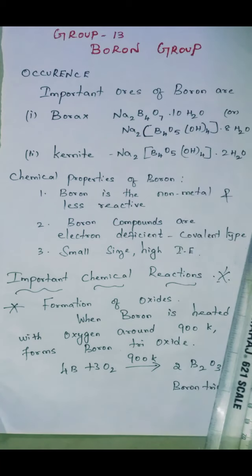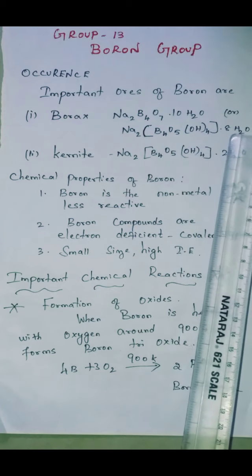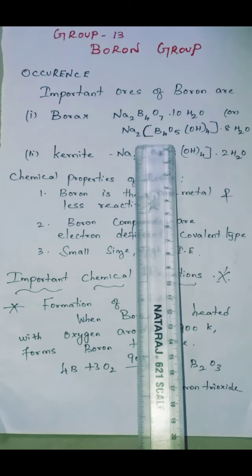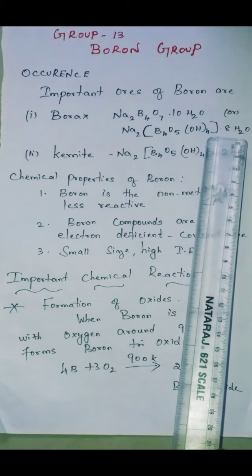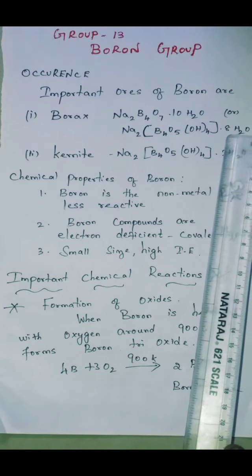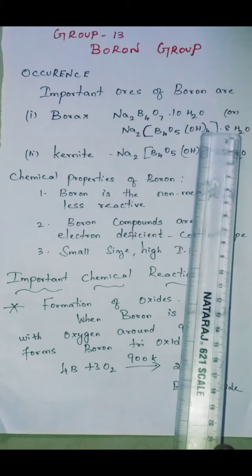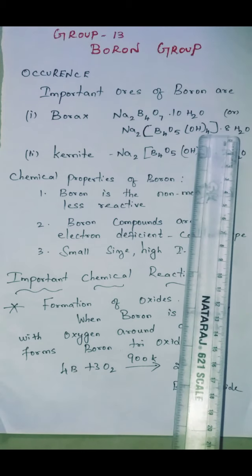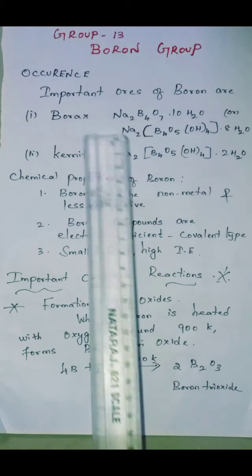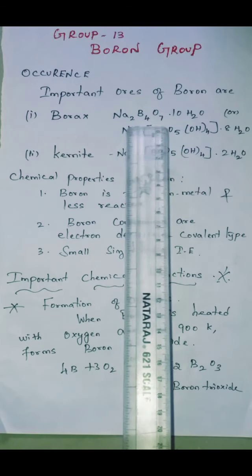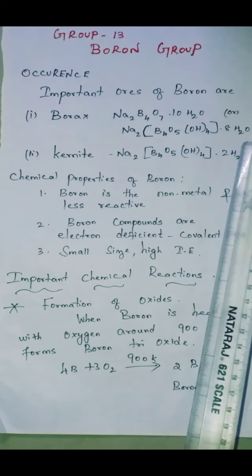This formula can also be written as Na2B4O5(OH)4·8H2O. When we calculate all the oxygen and hydrogen, it comes to 10H2O. So the borax formula is Na2B4O7·10H2O.